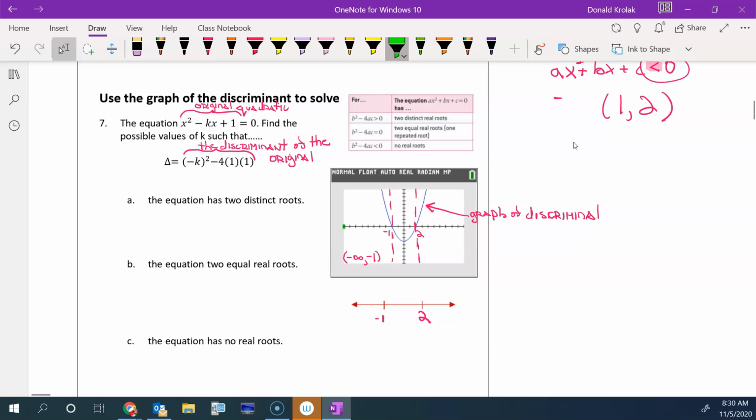That's the interval I'm shading in green. The other interval in green goes from 2 to positive infinity. And the interval I'm highlighting in yellow is between the two.